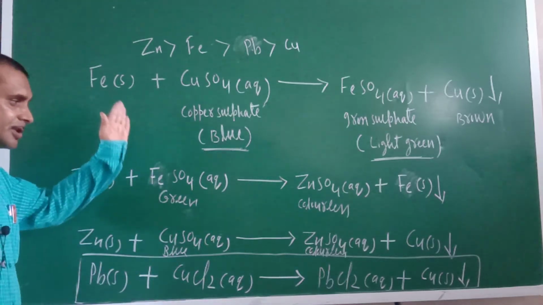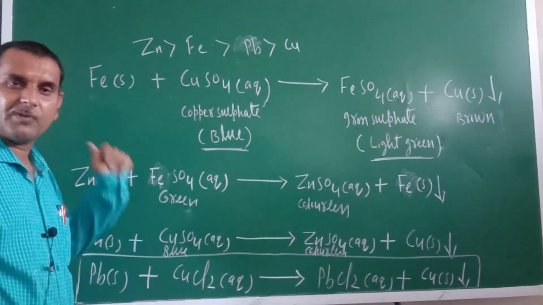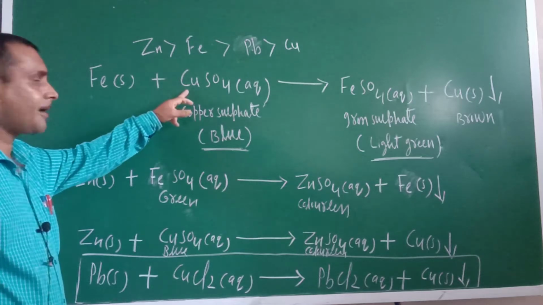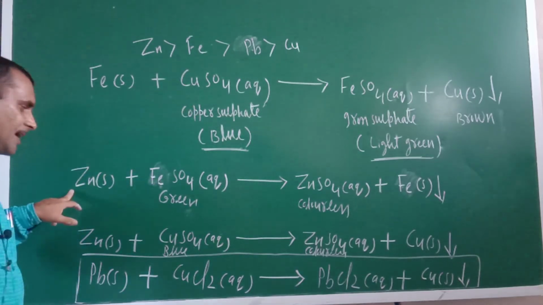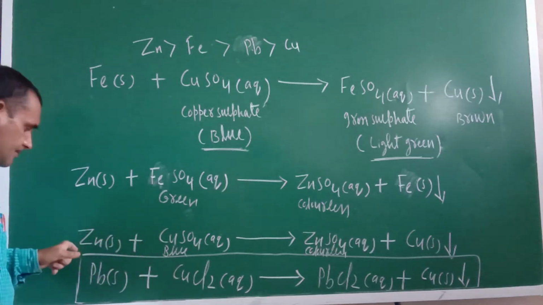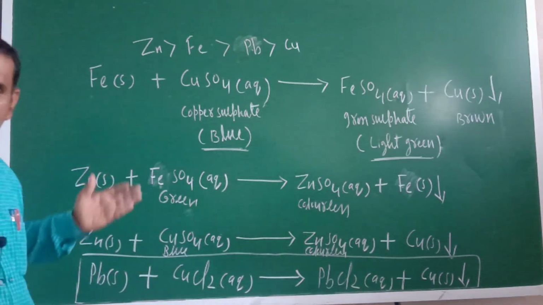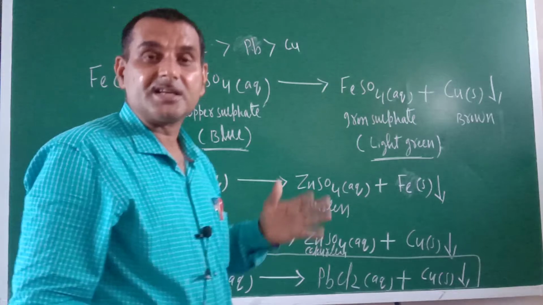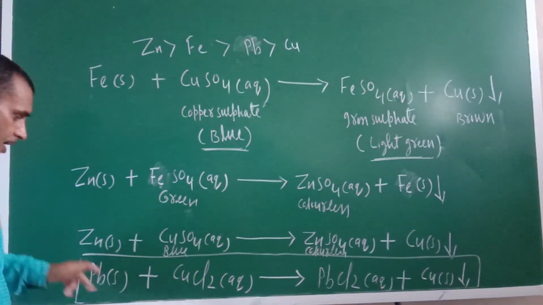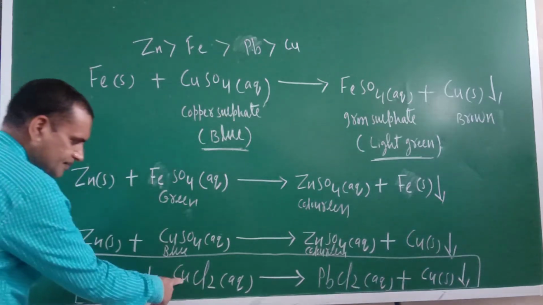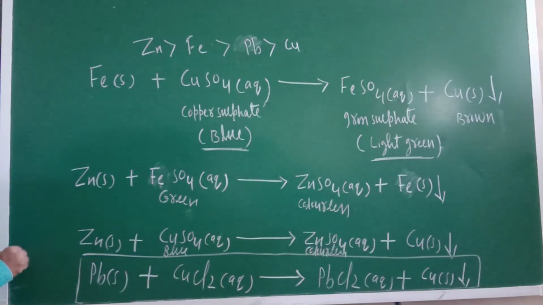Okay, so is this a displacement reaction or not? Why is it a displacement reaction? Because copper is being displaced by iron, iron is being displaced by zinc, copper is being displaced by zinc. So this is one kind of displacement reaction. Here also just see, lead is displacing copper, it means lead is more reactive than copper.